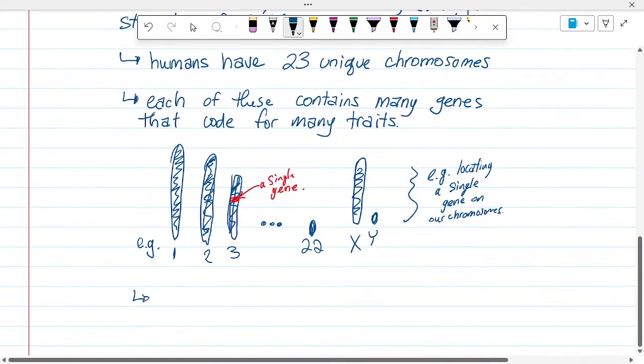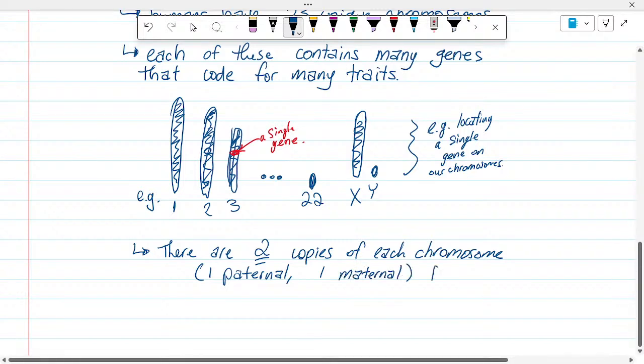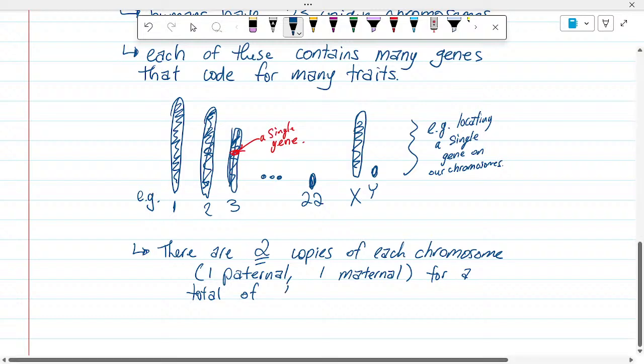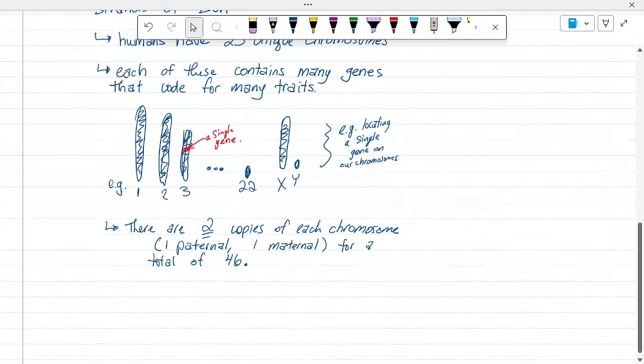So we actually have 2 pairs of 23 chromosomes, for a total of how many? 23 from mom, 23 from dad. 46 it is. Does that make sense?